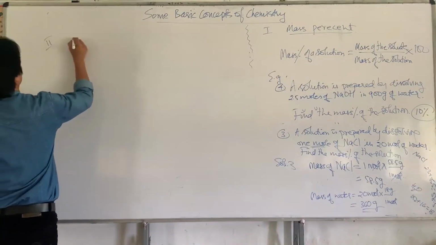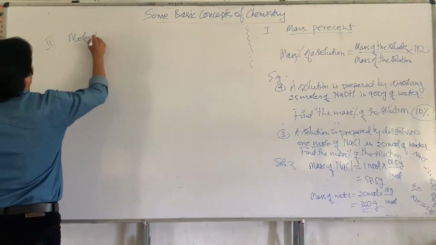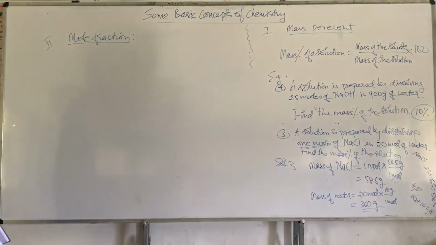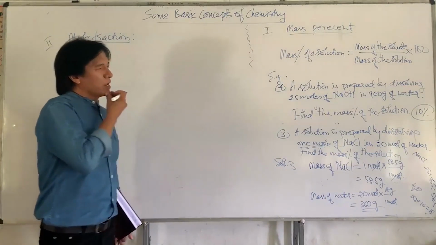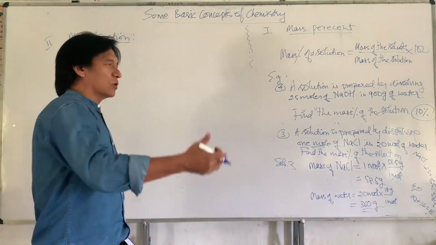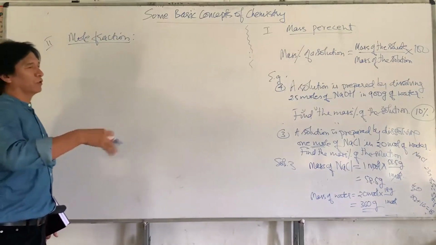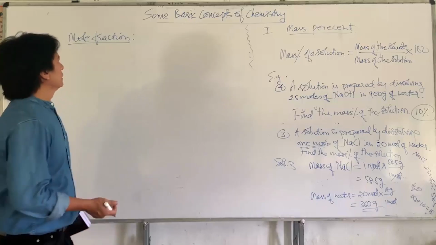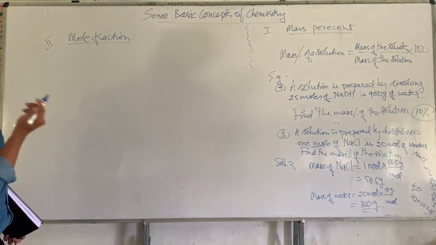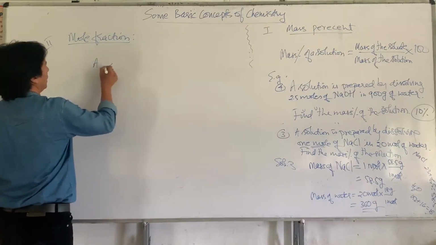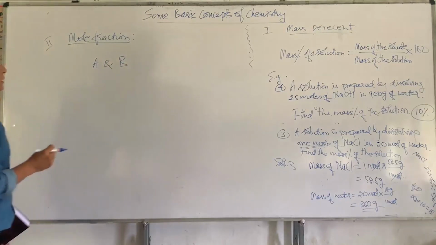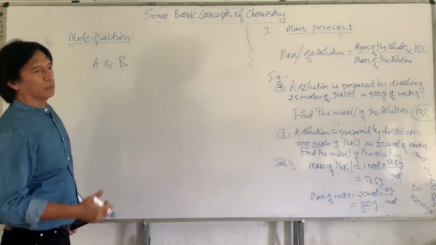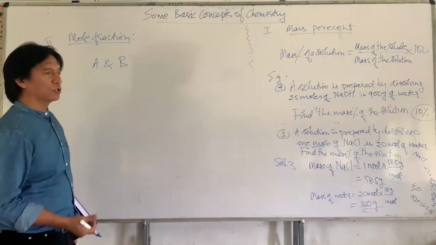The second one you have is the mole fraction. So it is the ratio of the number of moles of a particular component to the total number of moles of the solution. Like if you have two components A and B, and if component A is dissolved in component B, then you will have a solution.